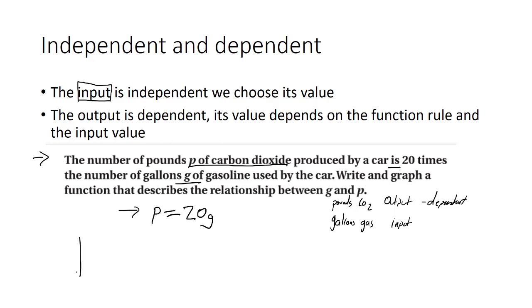And if you were going to graph this, because this is in a y equals mx plus b equation, the b is just 0. This would, of course, be a graph that goes through the origin, 0, 0, and has a slope of positive 20. This is pounds over here and gallons over here. Even though we're used to calling this y and x, we do know that this is the independent over here and the dependent over here.